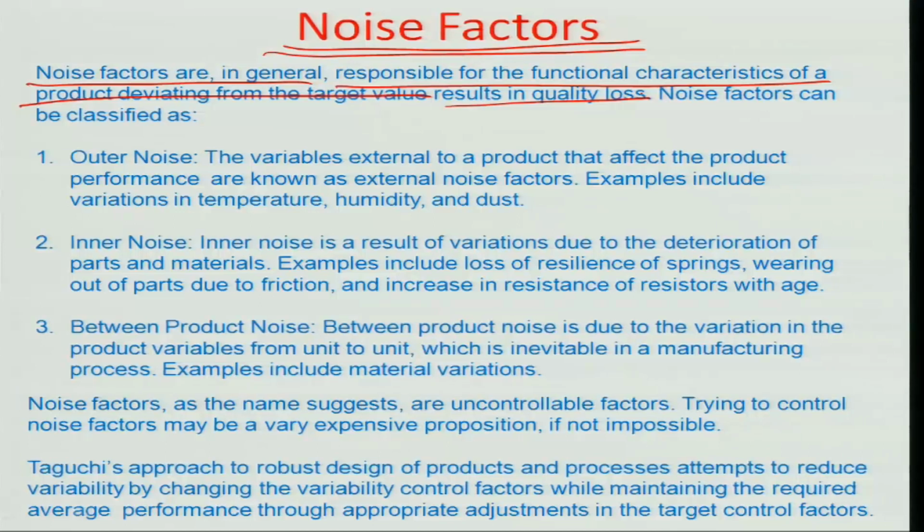Noise factors can be classified as outer noise. Outer noise means the variables which are external to a product and that affect the product performance, known as the external noise factors. Examples include variation in temperature, humidity, or dust level in the paint shop of an automotive plant.